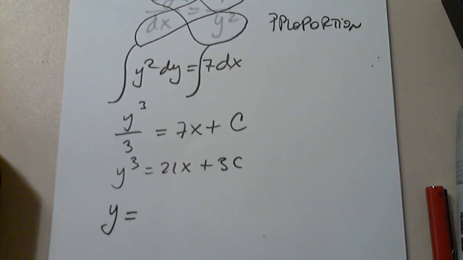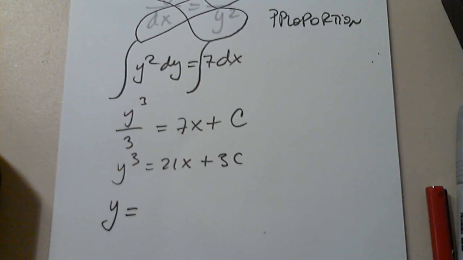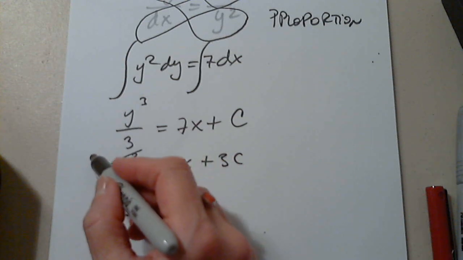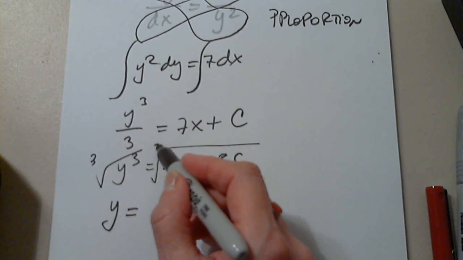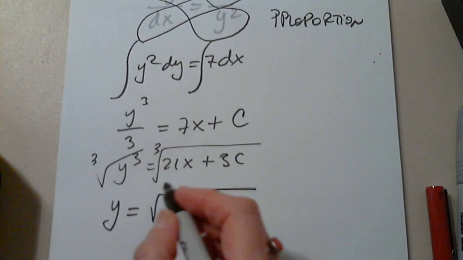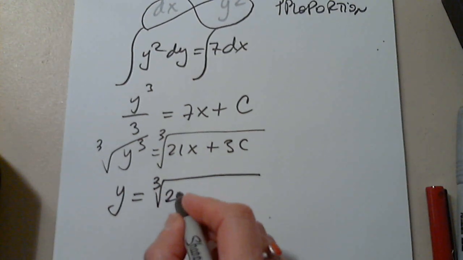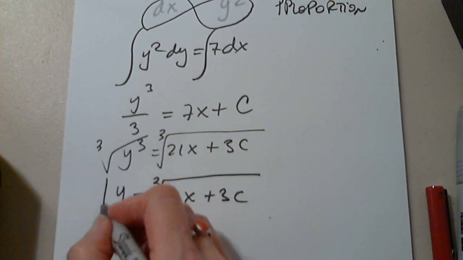What should I do to both sides to get y? Multiply by the 1/3 power. Yes. In other words, you're saying take the cube root of both sides. Correct. And there is no plus or minus for the cube root. y equals the cube root of 21x plus 3c. Done.